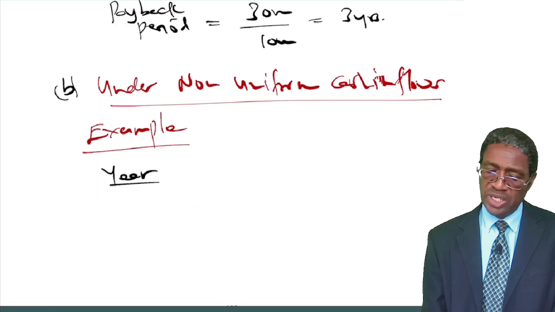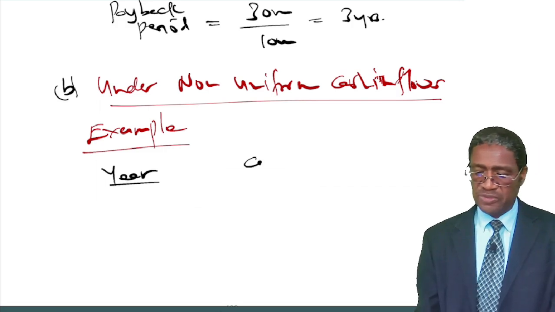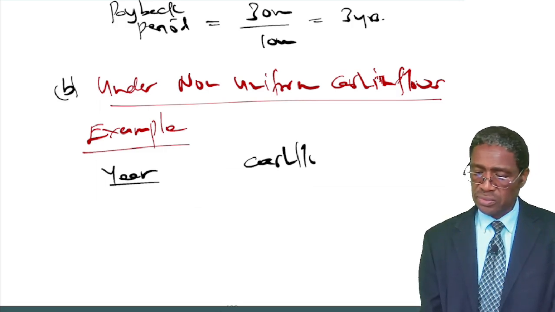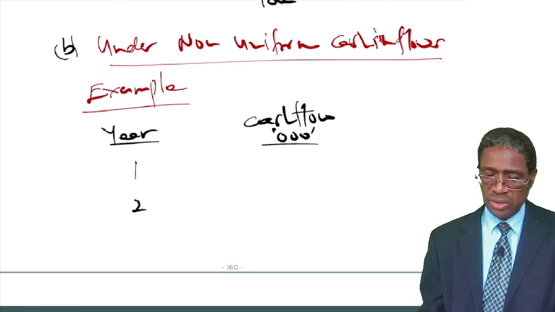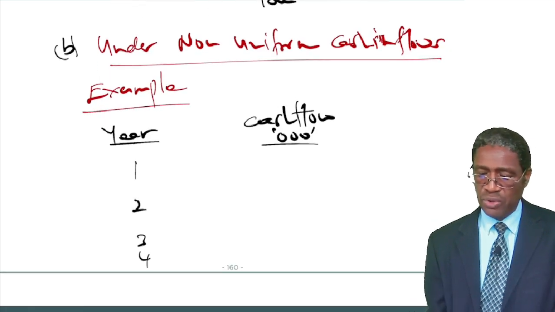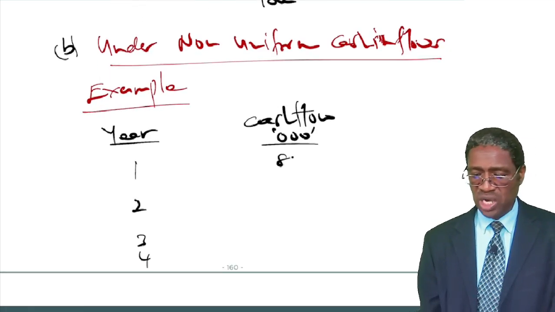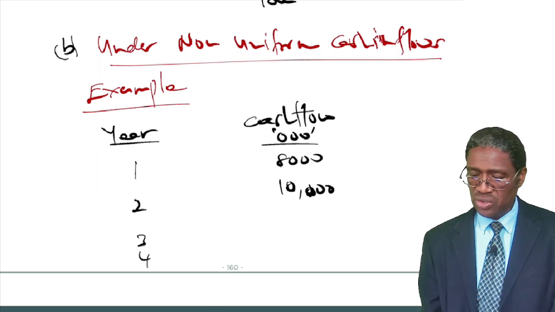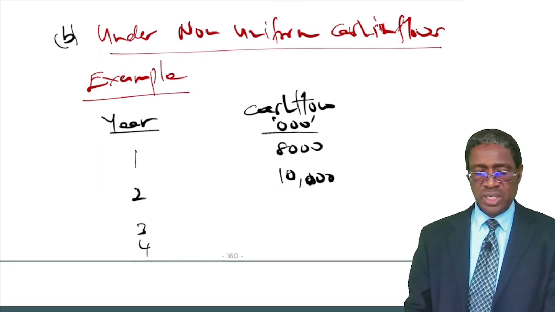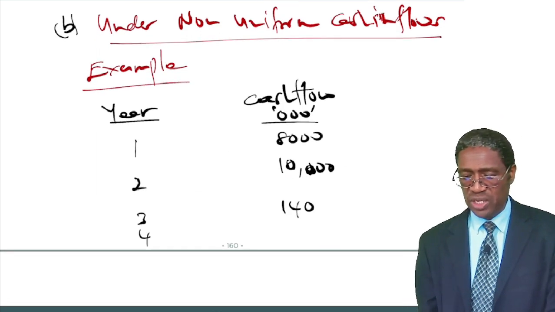Let me put down the table. This is cash flows. The figures are in millions. Year 1, year 2, year 3, and year 4. In year 1, you recover 8 million. Year 2, you recover 10 million. Year 3, you recover 14 million.